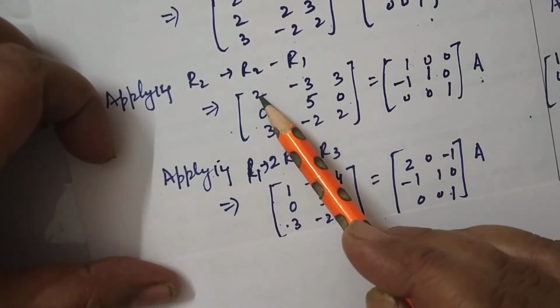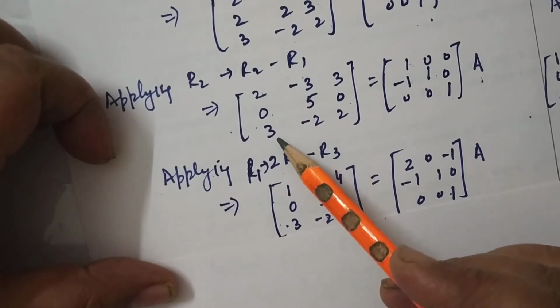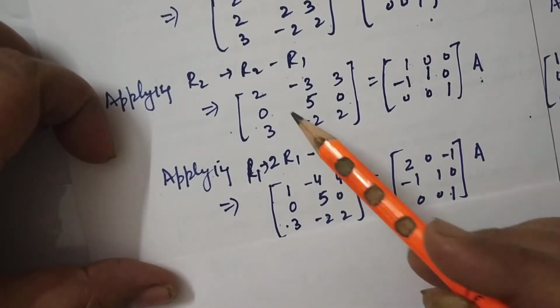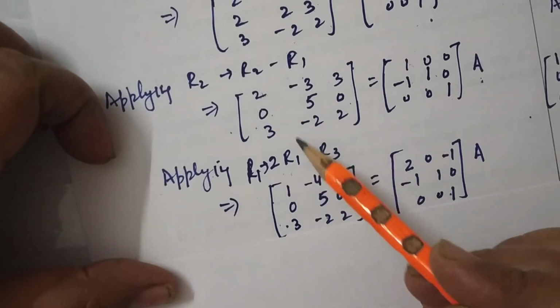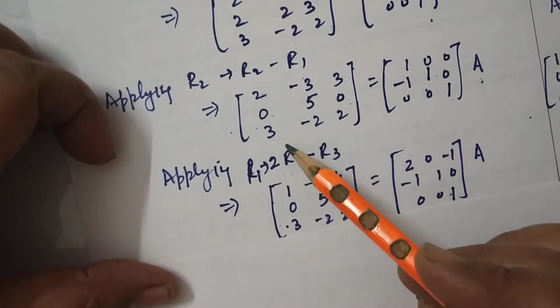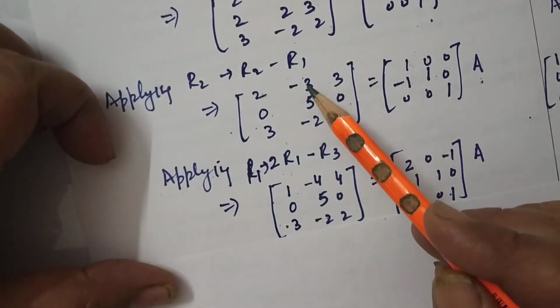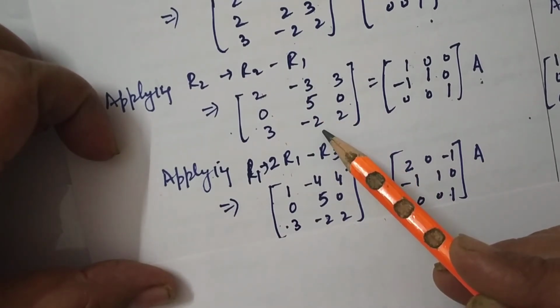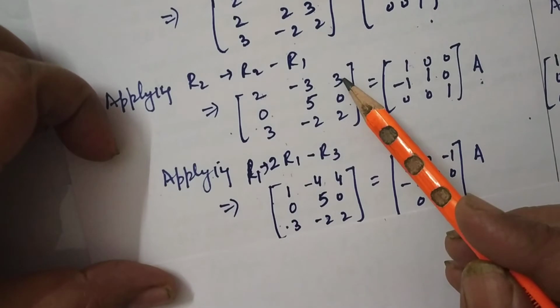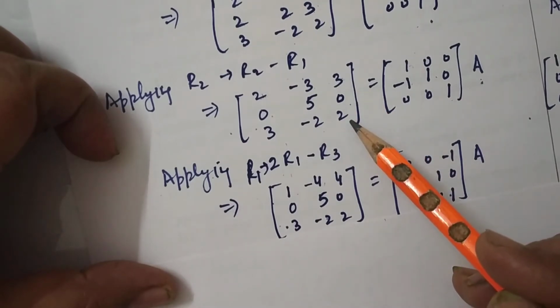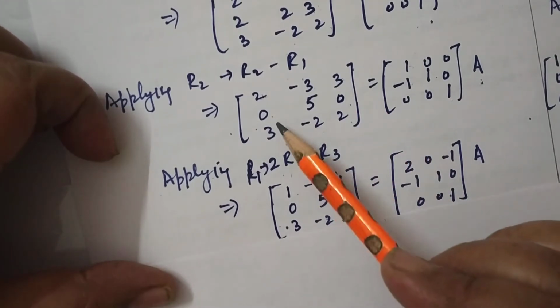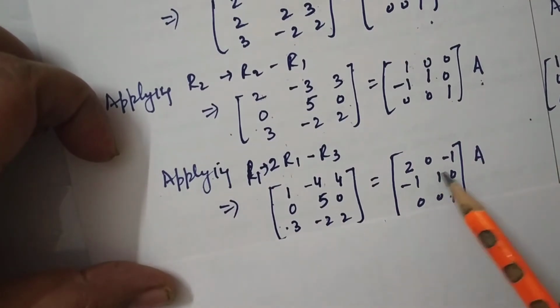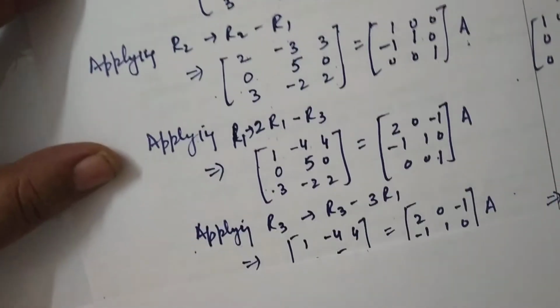If I multiply it by 2 and subtract the third row, I'll easily get 1. So I applied 2R1 minus R3, that is 2 twos are 4 minus 3, that is 1. 2 times minus 3 is minus 6, minus 2, that gives me minus 8. 2 times 3 is 6 minus 2, that gives me 4. No change in R2 and R3, and thus I obtain it this way.